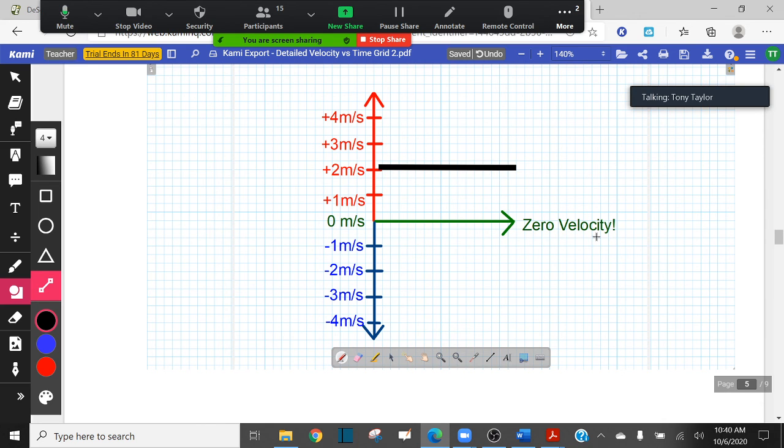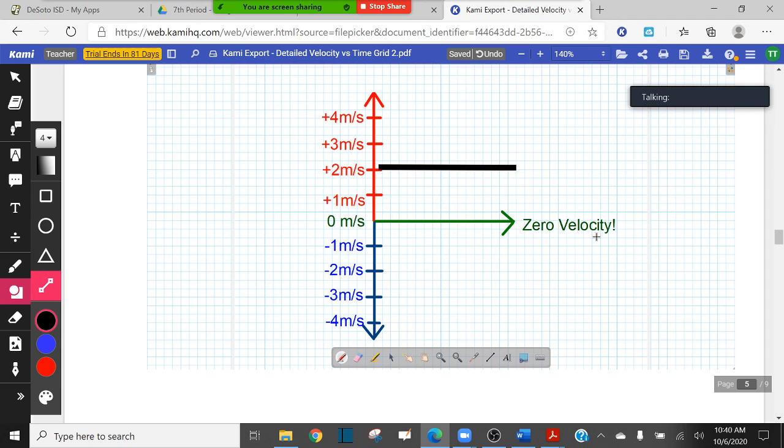What's happening here? My object's doing what? Staying constant. Yeah, it's moving at a constant velocity. To be specific, it's moving at a constant velocity in the positive direction at 2 meters per second. That's how fast it's going. The velocity does not change as time progresses.